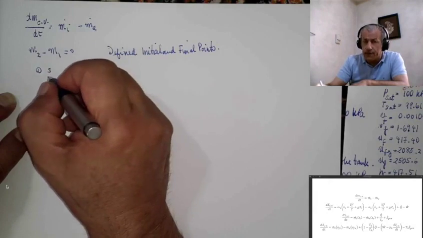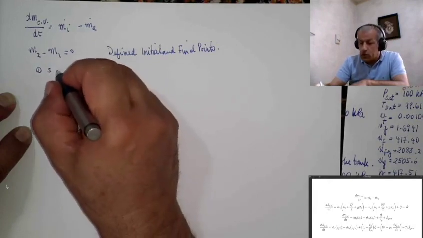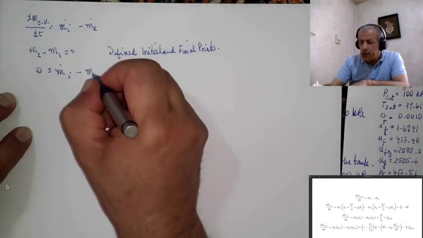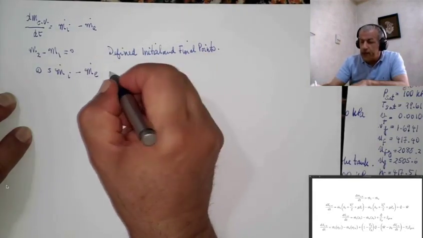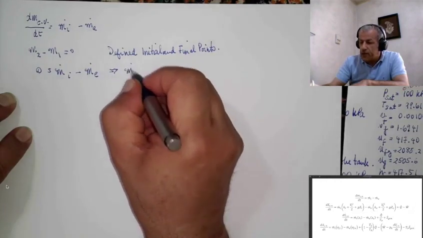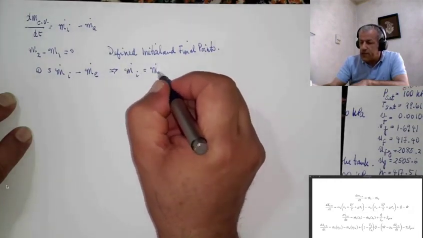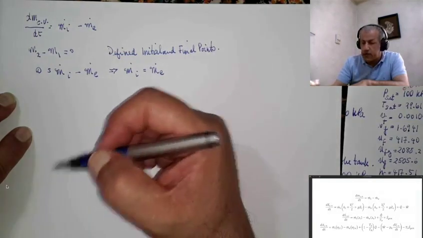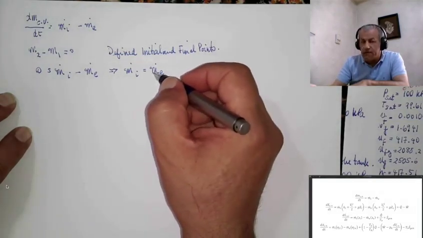And therefore, we could conclude that zero equals m dot I minus m dot E, and therefore, m dot I equals m dot E. That means whatever enters the control volume goes out, and that could go indefinitely.